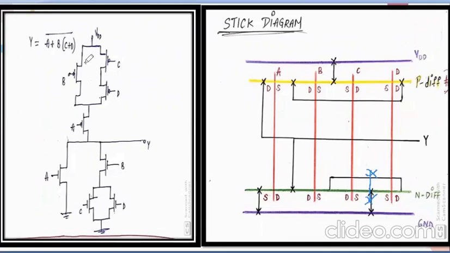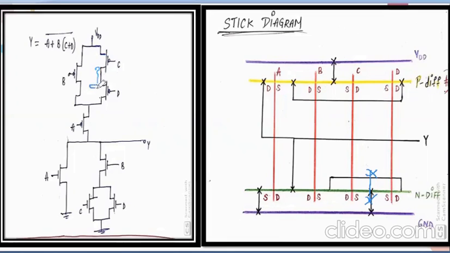Now for PMOS, the upper terminal is source and the lower terminal is drain. So the source of B and the source of C are connected to VDD. Now, this is source, this is drain.